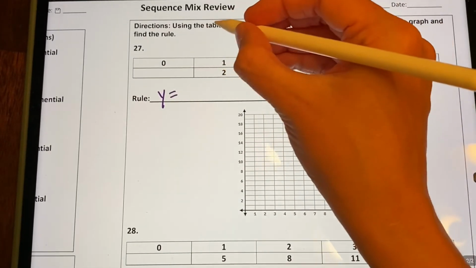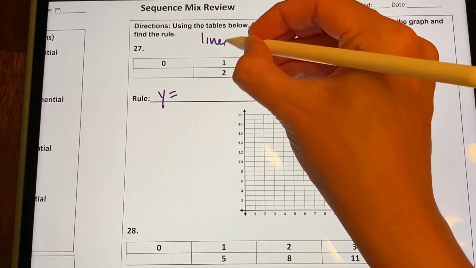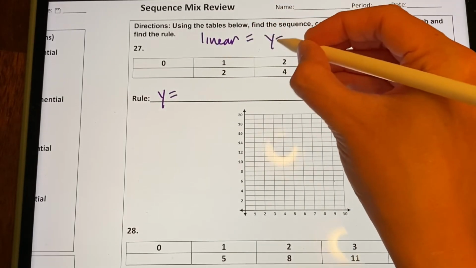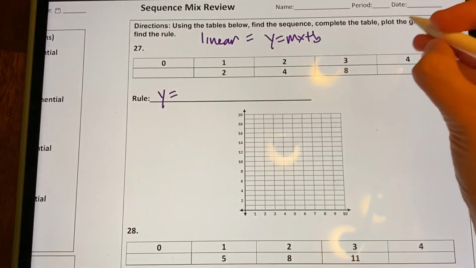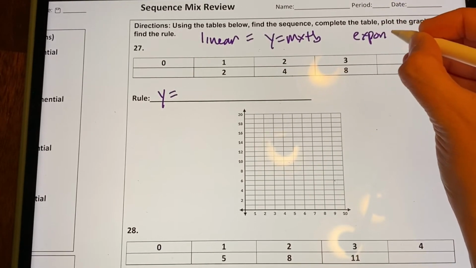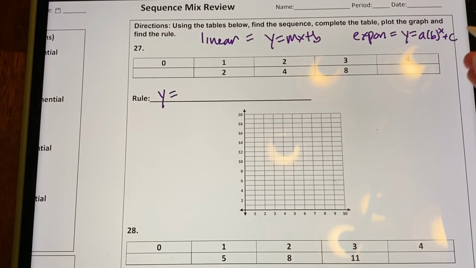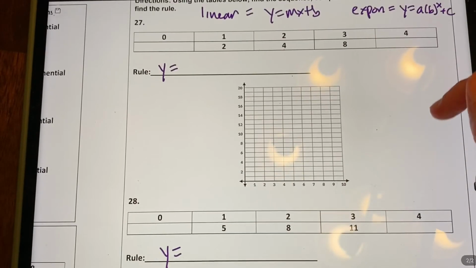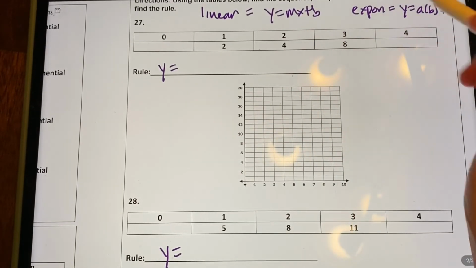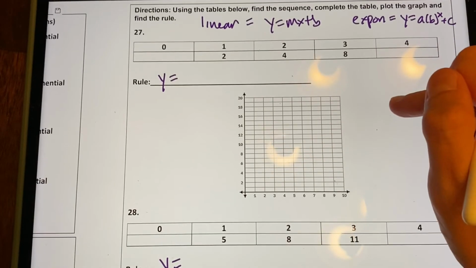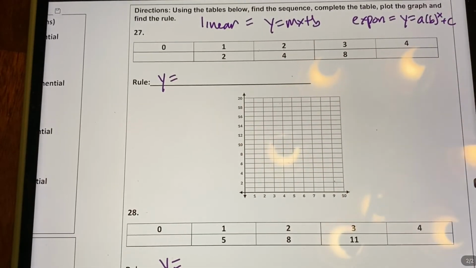The linear, remember, is y equals mx plus b, and the exponential equation is y equals a times b raised to the x plus c, which in our case is going to be always 0. Okay, so one of these will be a linear equation, one of them will be exponential. You got to figure that out and fill out the tables.